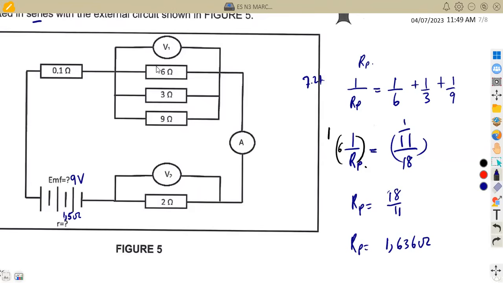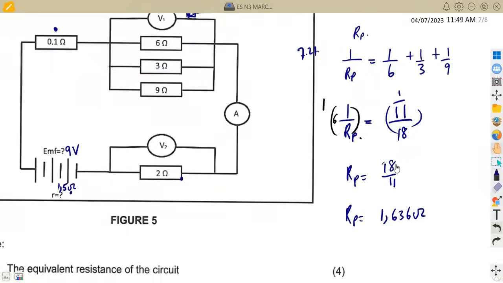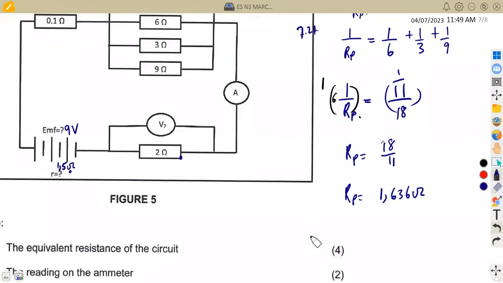So after combining this, it means now we have a single resistor here that is going to be connected to this resistor, to also the resistor of 2 ohms, and to the internal resistance to give us the total resistance now. So that means our total resistance is going to be the sum of these resistors.